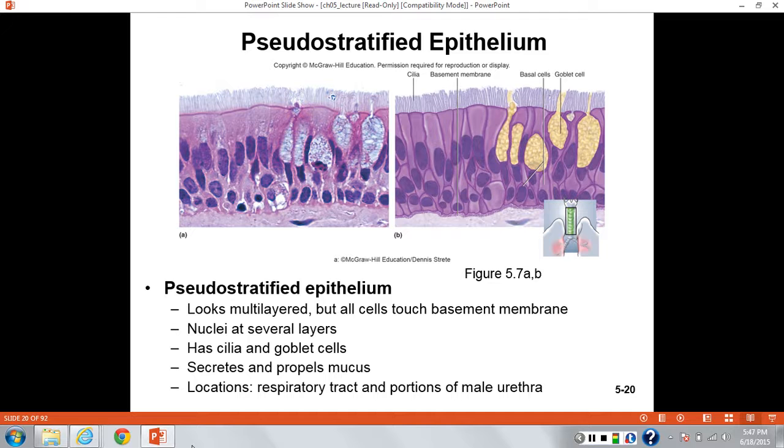Remember from chapter 3, the cilia are stimulated. In the nasal hairs, if something irritates your nostrils, you sneeze, and by sneezing you're blowing it out. That keeps it from going into the respiratory tract. So these can be found in the urethra of the males and the respiratory tract.